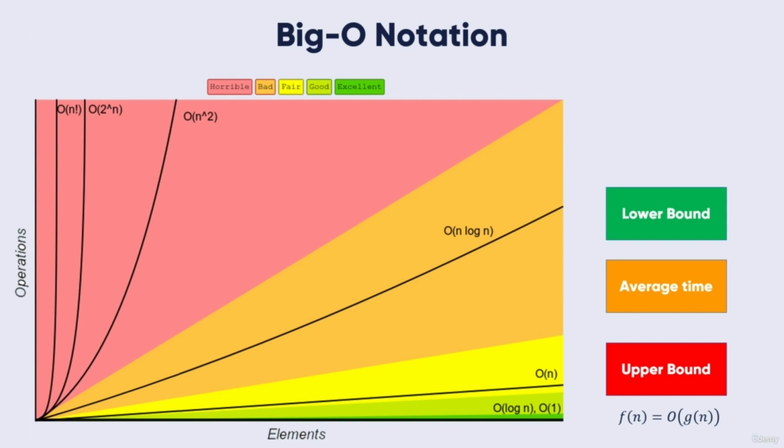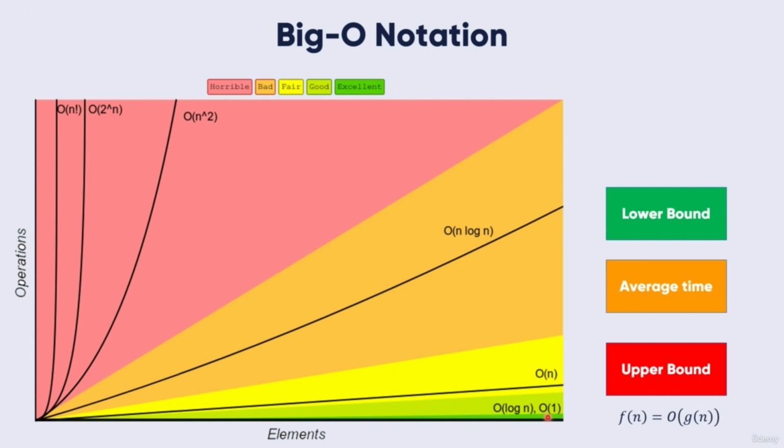I need you to take a quick look at this chart of lower bound, average time, and upper bound, and these algorithm times. We start with O of 1 and O of log n. This is the green O of 1. This is the greenish log n. This is the yellow O of n.